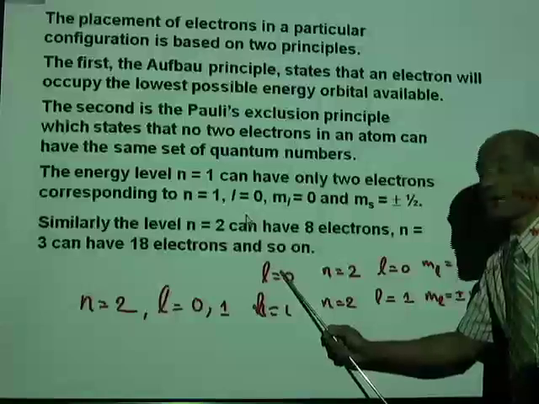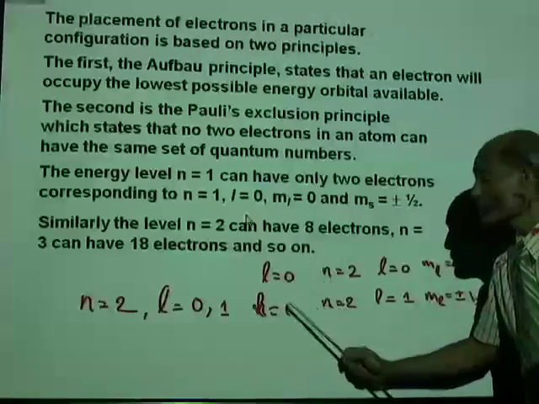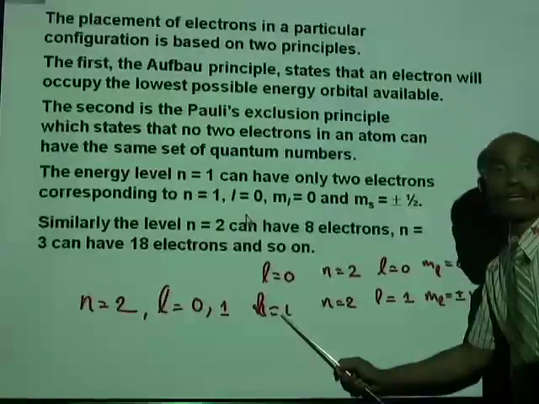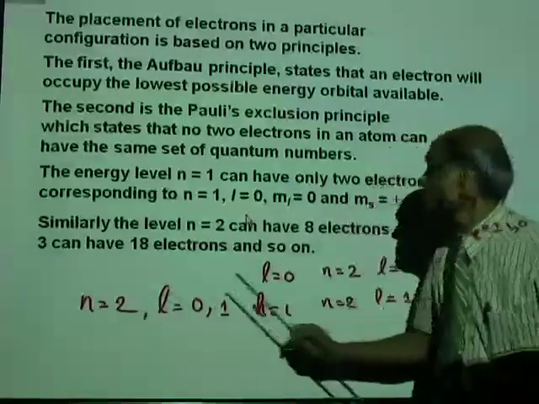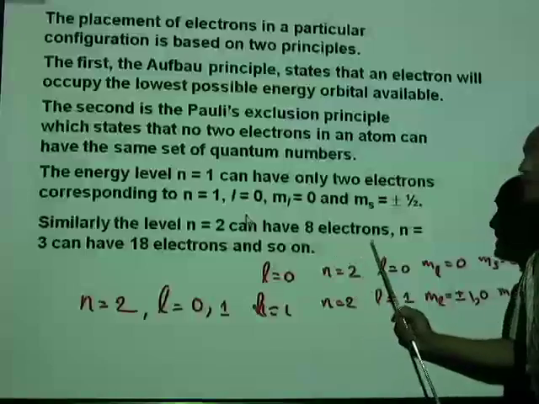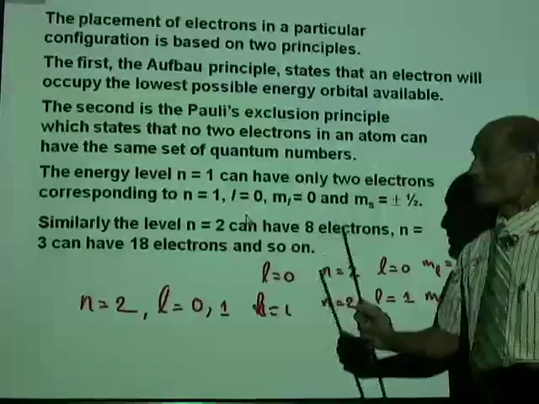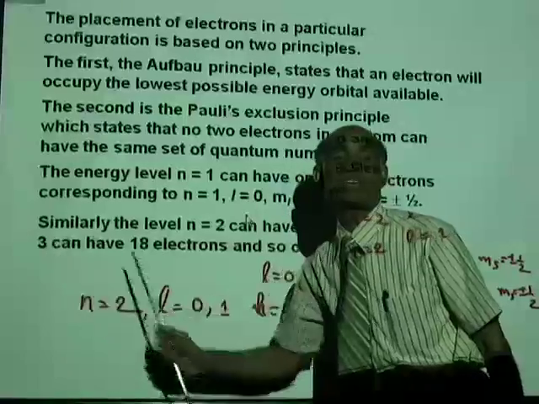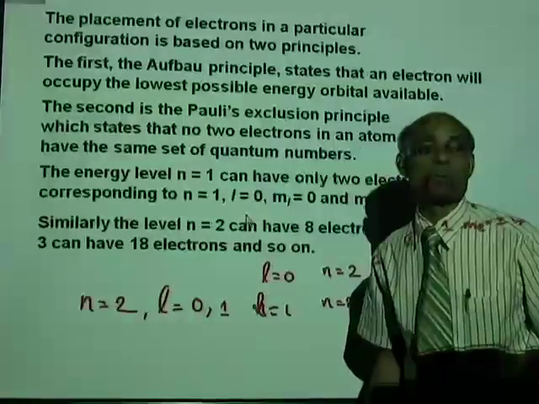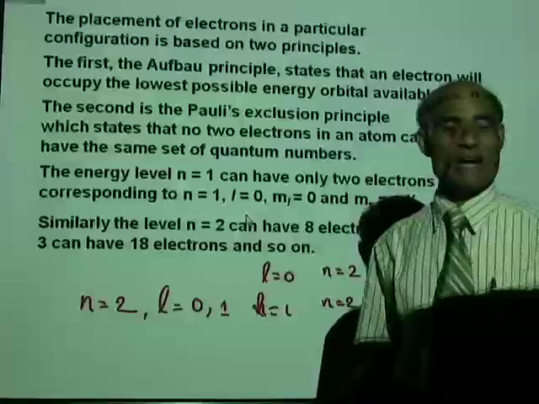So the s subshell can have 2 electrons and the p subshell can have 6 electrons, and therefore n equal to 2 can have how many electrons? 8 electrons. Alright, now I want you to figure out how many electrons there can be in the shell n equal to 3. You can see that's very simple now.